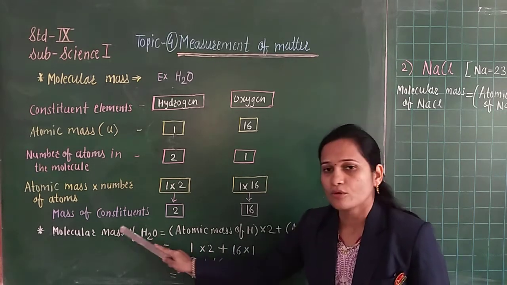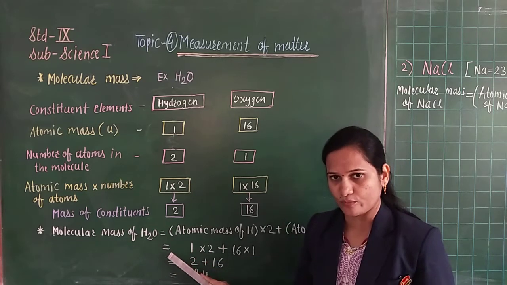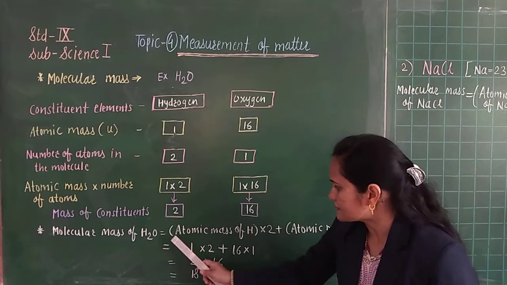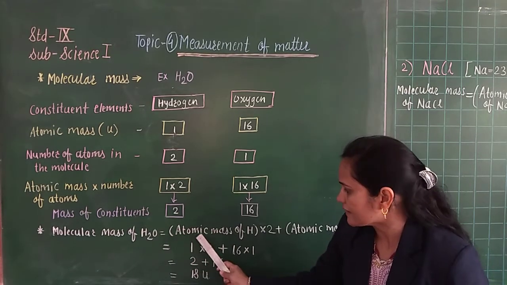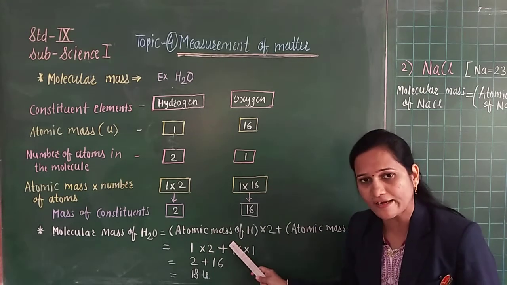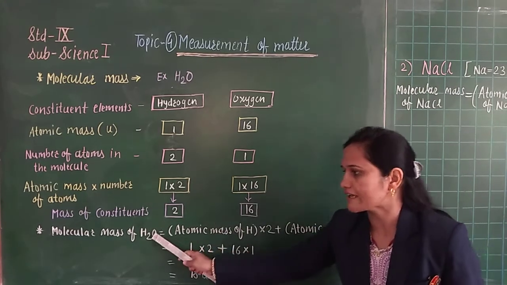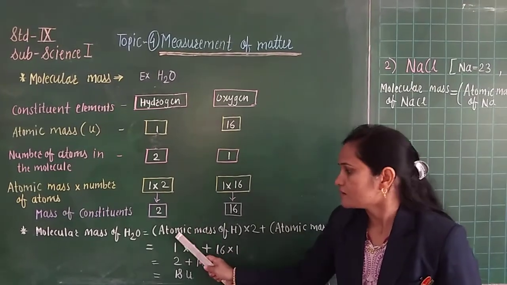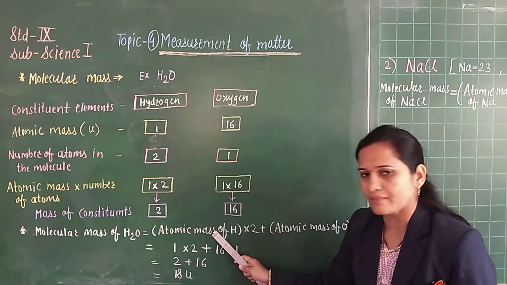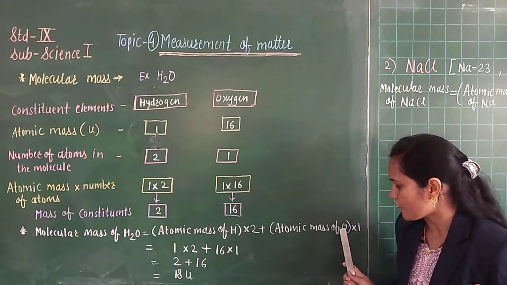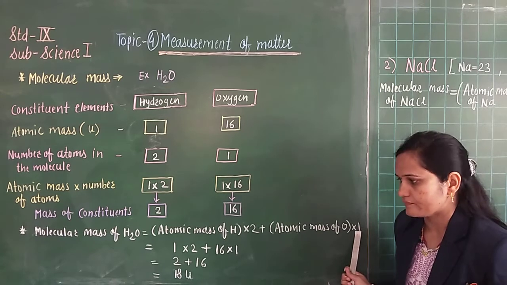Now we will see the next step: how to find the molecular mass of H2O. For that, see the formula given in the bracket, atomic mass of H. By using it, we can calculate the molecular mass of H2O. First, we take the atomic mass of H into 2 and the atomic mass of oxygen into 1.